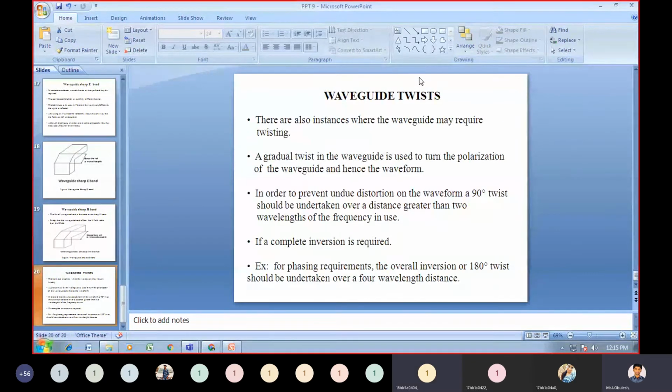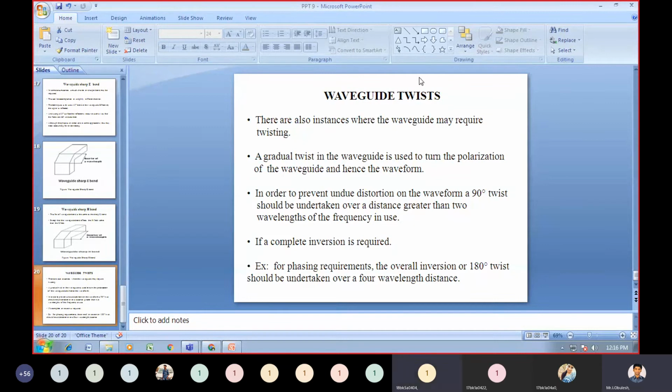Okay. Next, waveguide twist. There are also instances where the waveguide may require twisting.